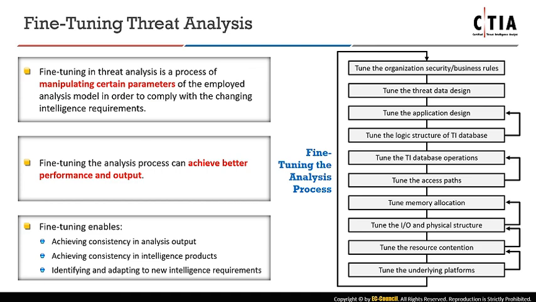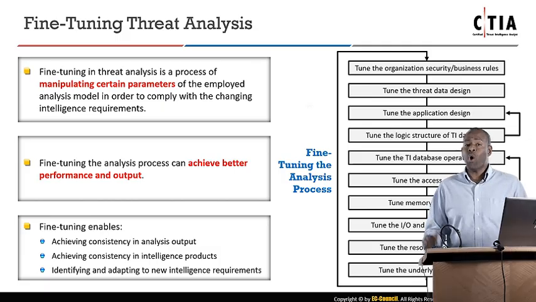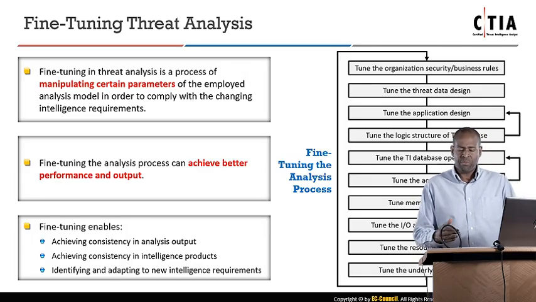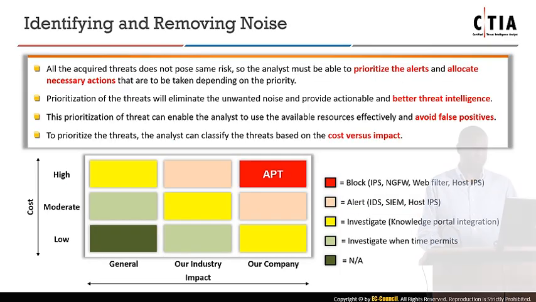When we tune the resource contention in our systems, then we go down into the underlying platforms, and that again leads back into tuning resource contention. So we see that this fine-tuning analysis process is quite a lot of work over time. And that's why we need to develop structures that will allow this to take place in a very periodic and as automated basis as possible.